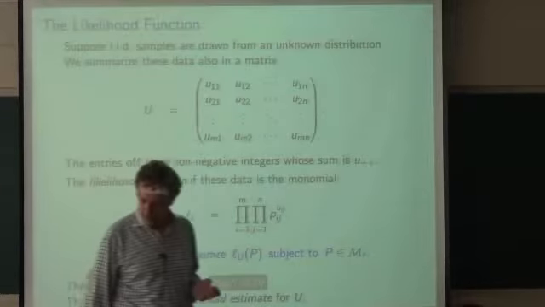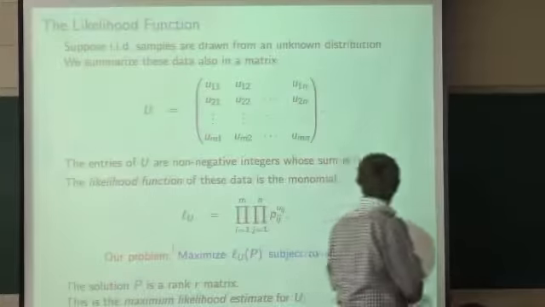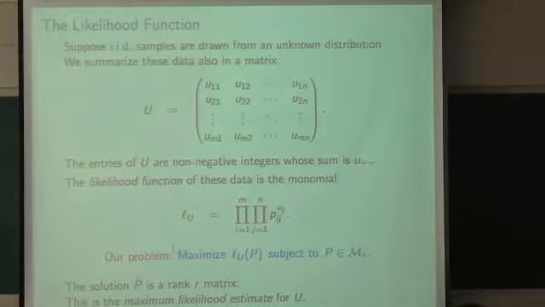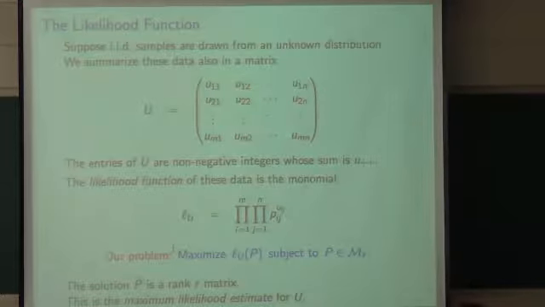Okay, so in general, we have some unknown distribution, some unknown probability table, and we're sampling from this unknown probability table, and we summarize these data in a matrix like this.